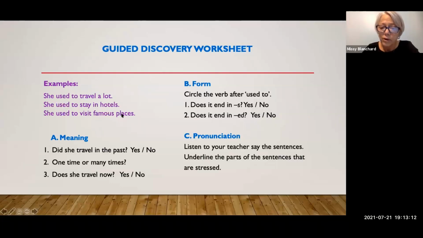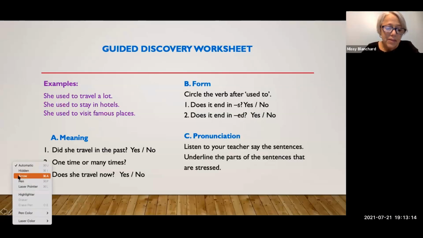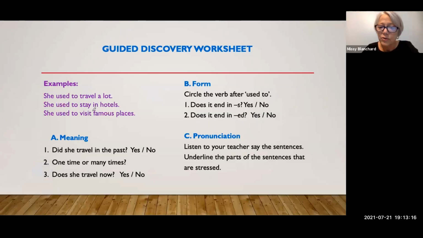If we look at the form in B, the first thing is to circle the verb after used to. So if we look at our 3 sentences and we circle that verb, there's travel, there's stay, and there's visit.